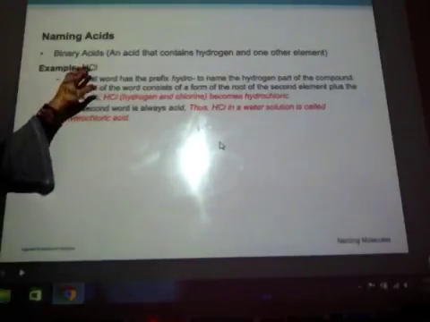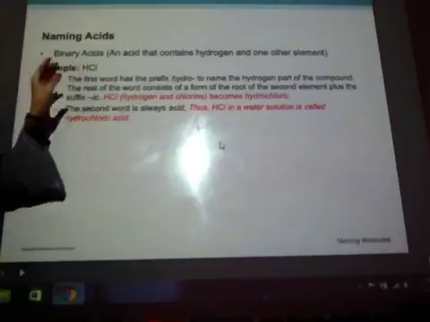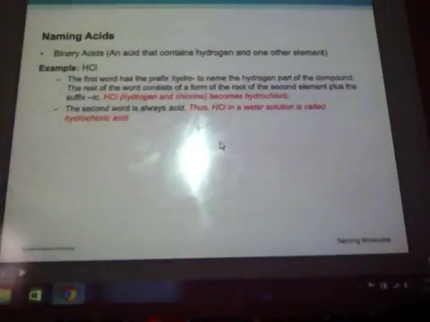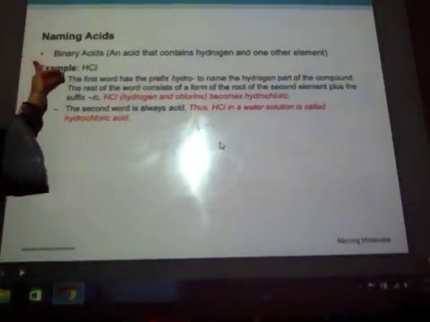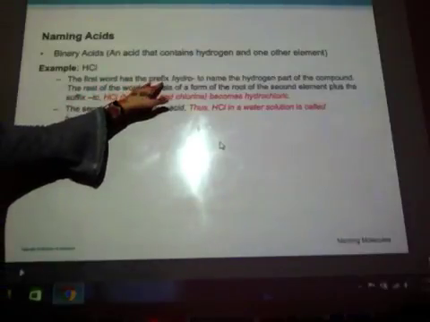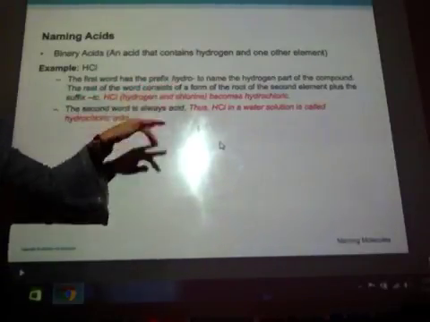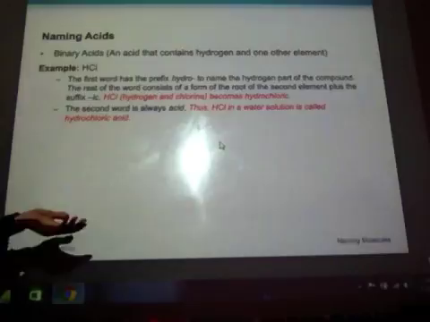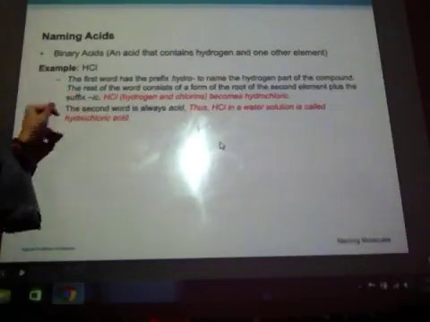And then we're going to use our table that is also in your book, I believe. Yep, bottom of page 250, which is the same as the table on your worksheet. So when you're using that table, the first word has the prefix hydro as part of the compound, but it depends on what it ends with.